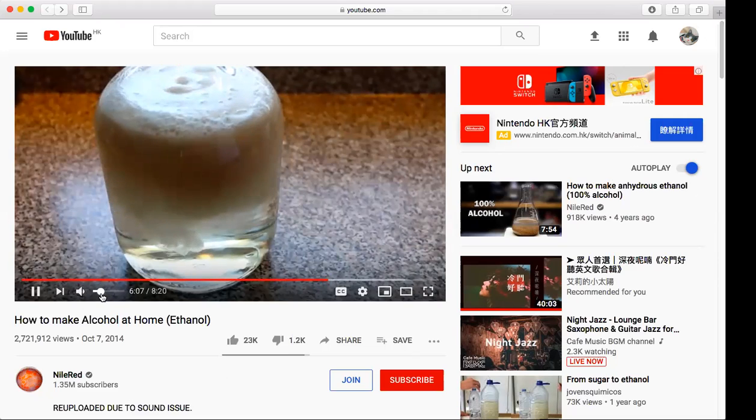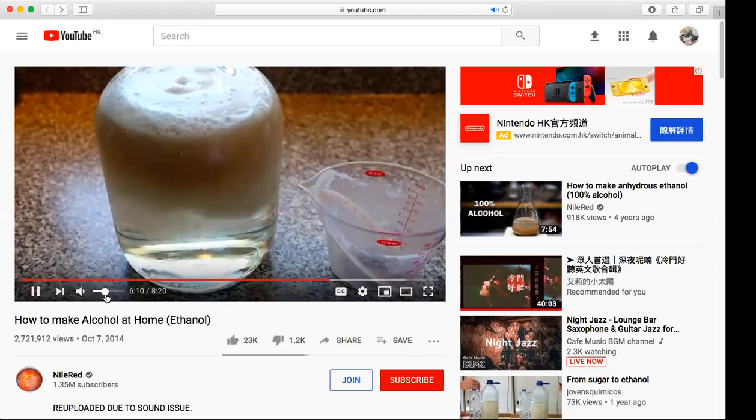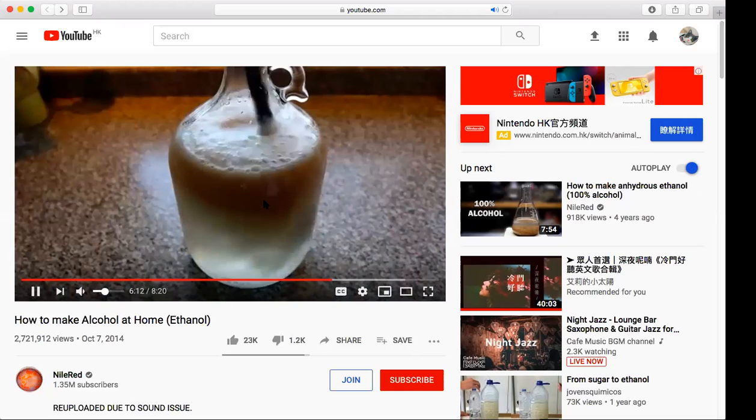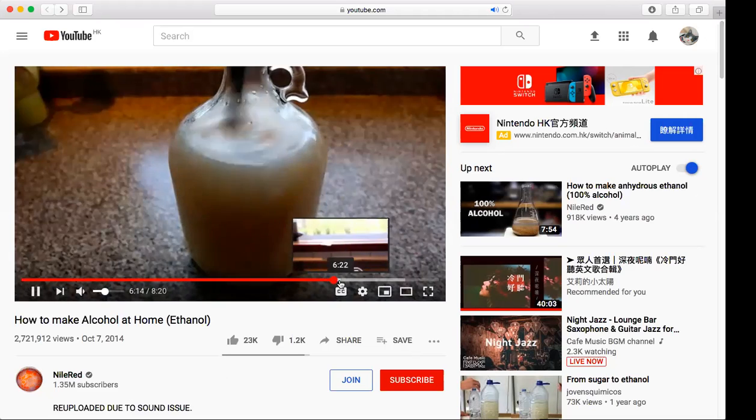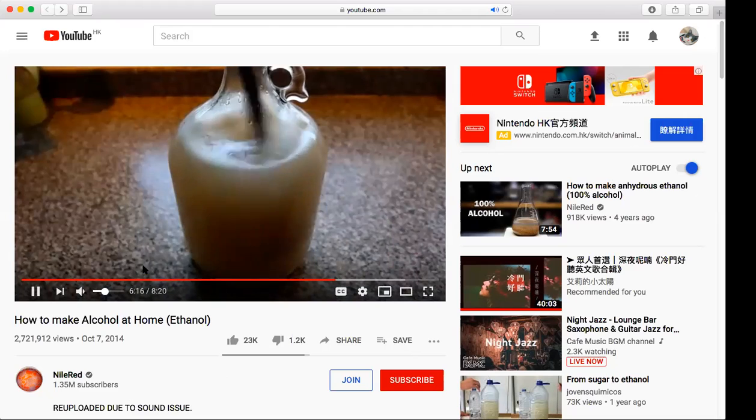You should top off the water, and next, using a sterilized spoon or stick, mix the suspension thoroughly.